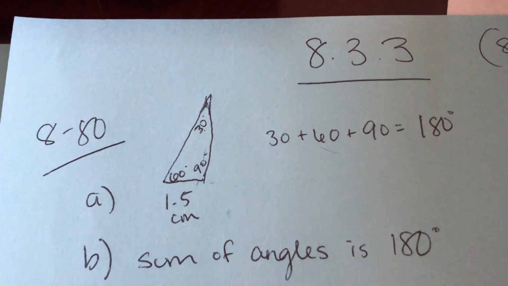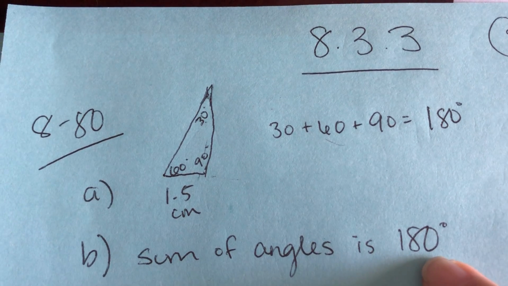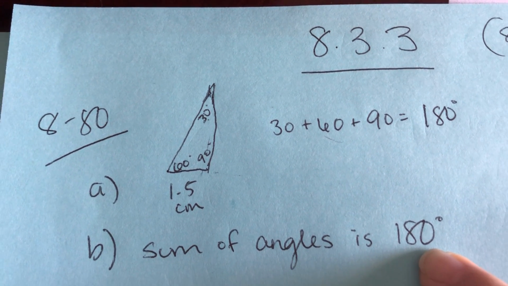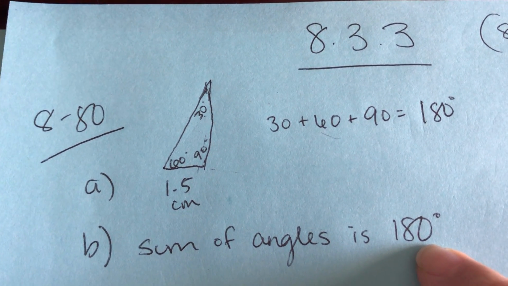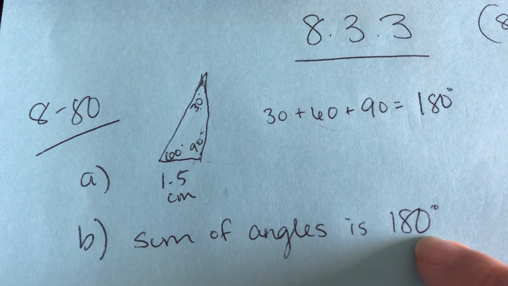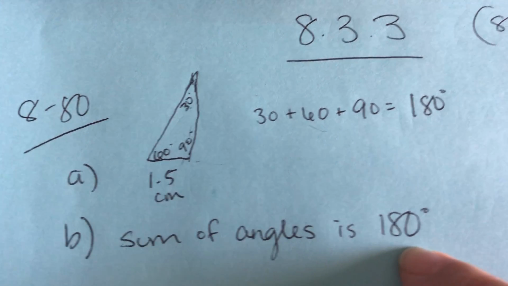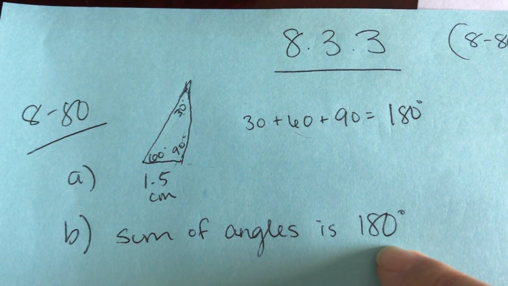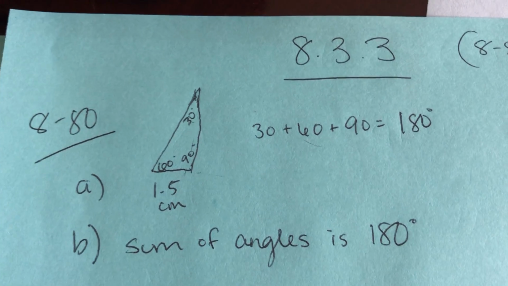What is the sum of the three angles? The sum of the angles is 180. Make a conjecture about the sum of the angles in a triangle. So you can say the sum of the angles in a triangle is 180 degrees. That is the first problem, 8-80.